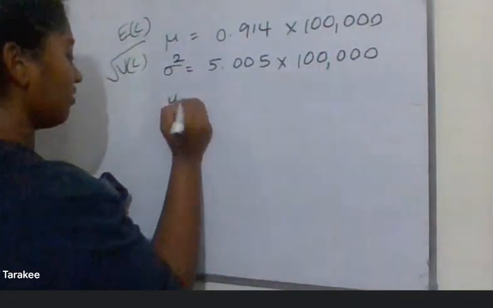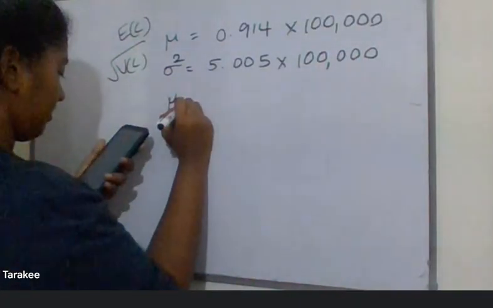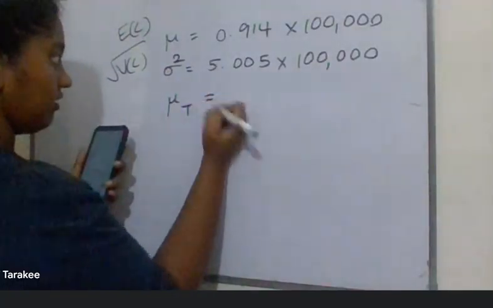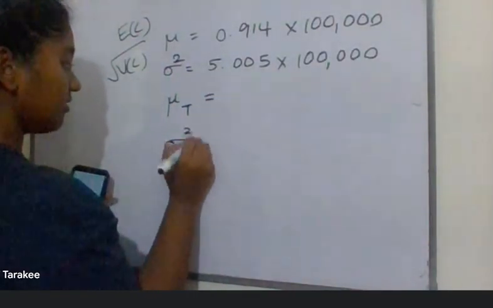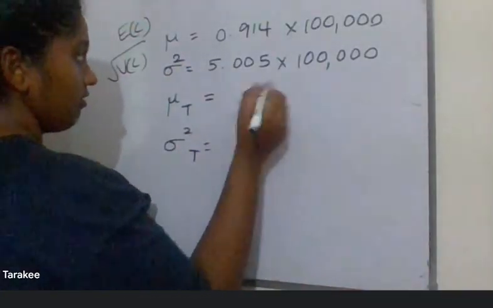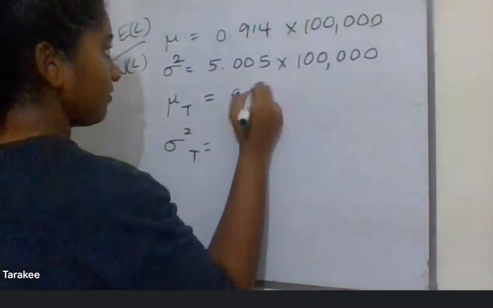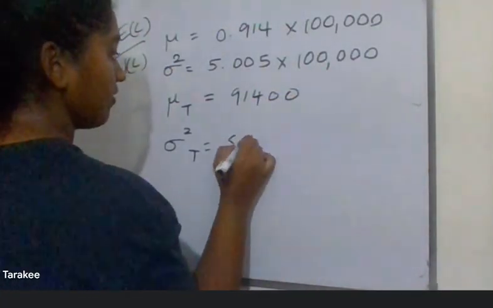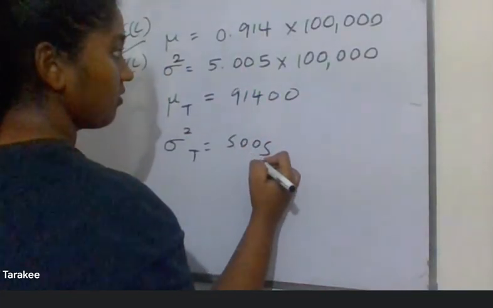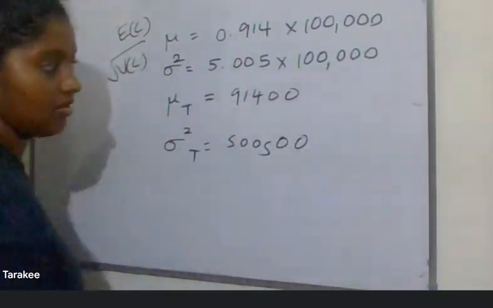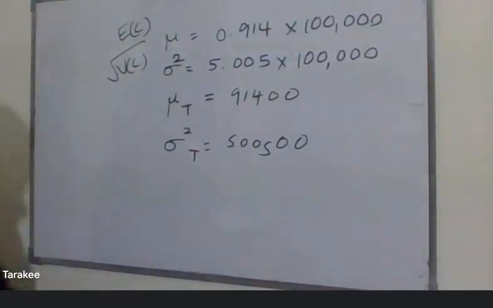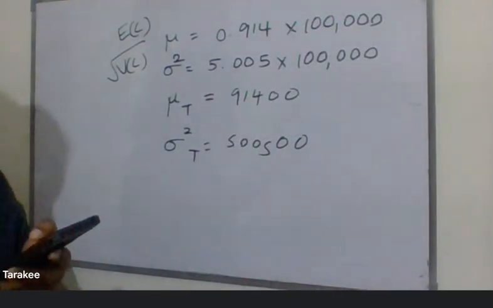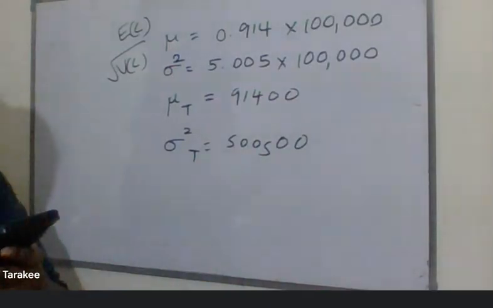So the new mean and variance are, when you multiply this one, you get these values. Okay.